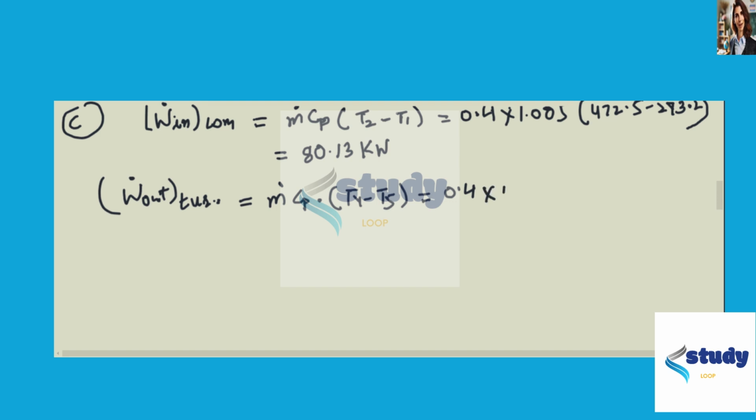Specific heat of air 1.005. Change in temperature from fourth to fifth state, you will get 281.3 minus 193.2. So it is to be 35.43 kilowatt.